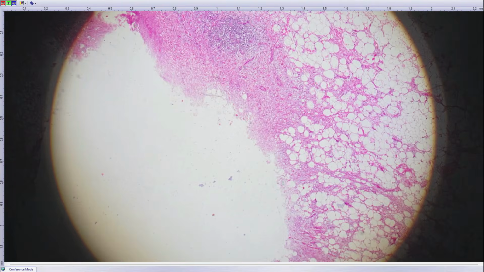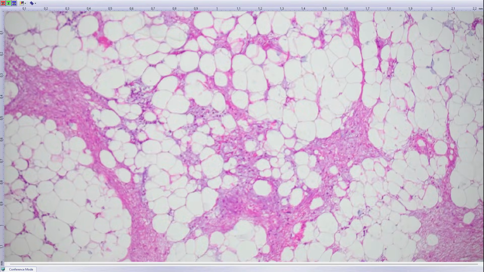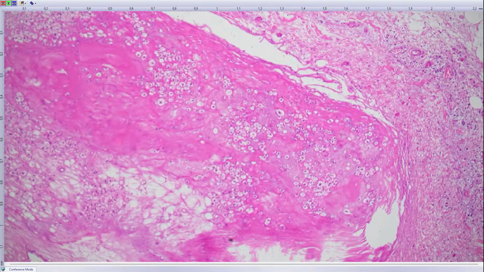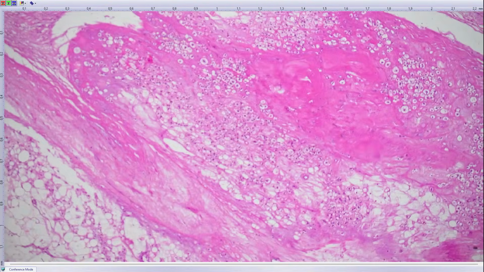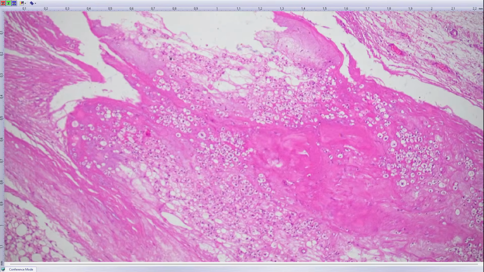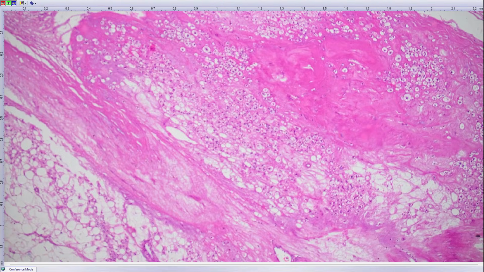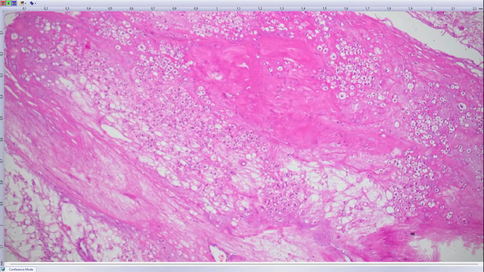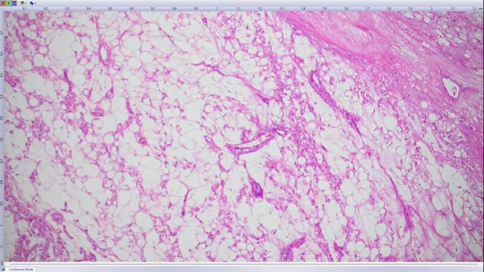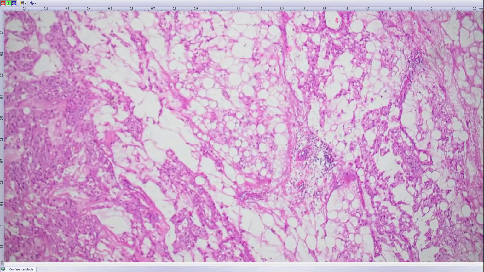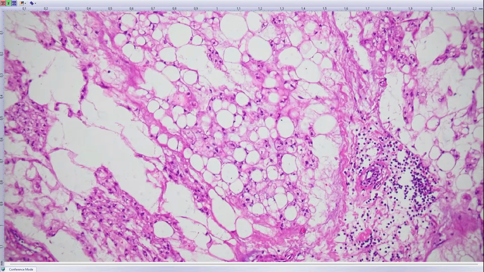And while in these areas you see mature adipose tissue, when you go to other areas, such as here, the picture changes a little bit. And you see this myxohyaline to myxochondroid stroma, and you'll see also many lipoblastic cells here.